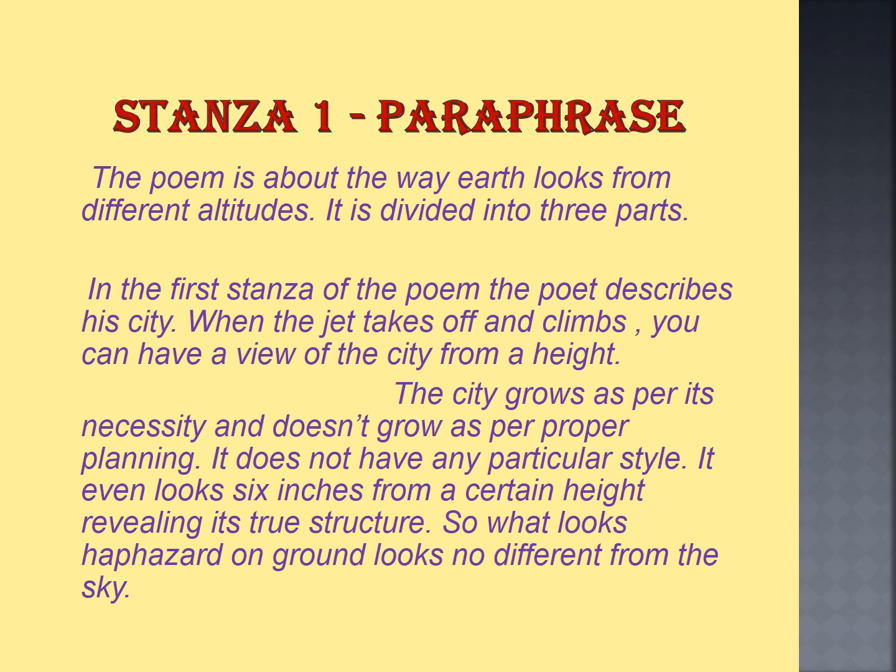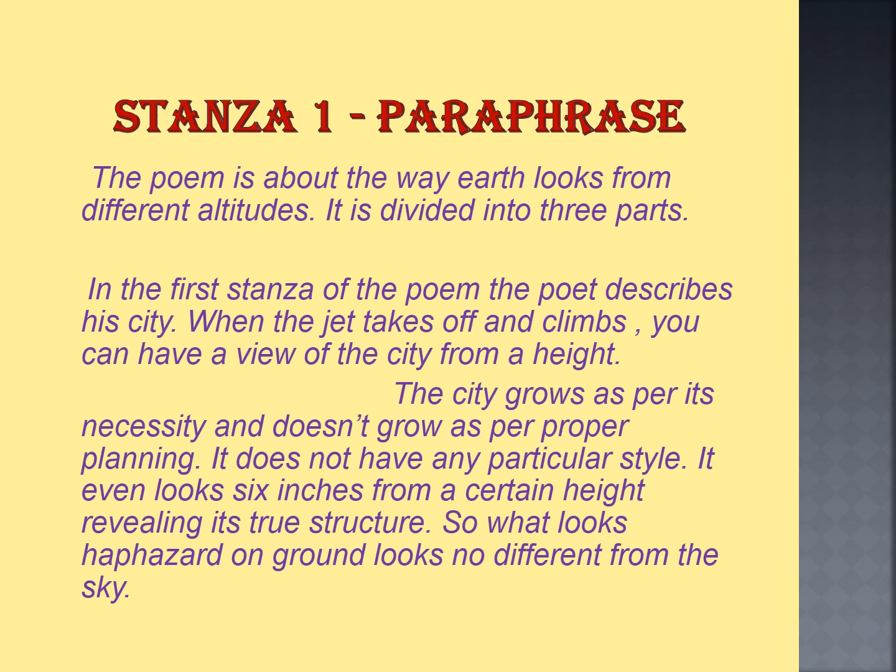Children, let us try to understand the meaning of the first stanza, or what the poet wants to convey through the first stanza. Now the whole poem is about the way Earth looks from different altitudes. It is divided into 3 parts. In the first stanza of the poem, the poet describes his city. When the jet takes off and climbs, you can have a view of the city from a height.